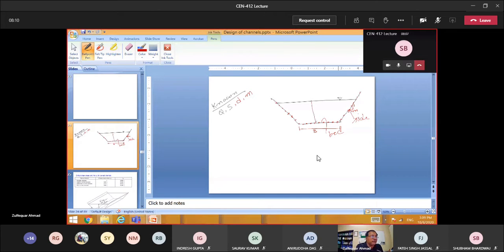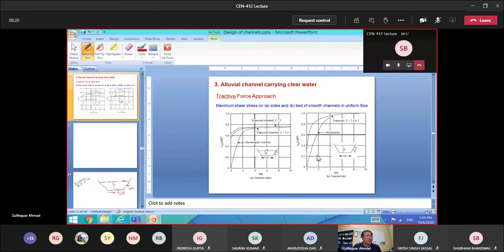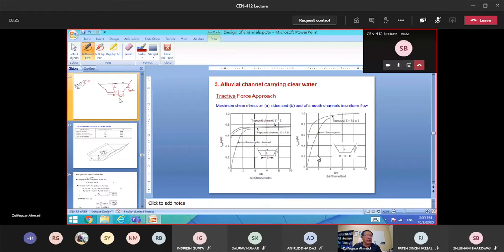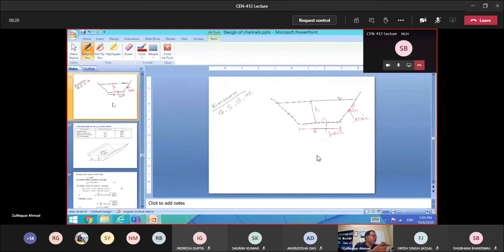And the depth of the flow, I'm writing this depth of the flow by H. In this graph Z is being used, so let me use Z in place of m. Let me erase the m from here, so that we have consistency, right? This one is Z, I mean, this is the side slope. So these are the known things, right?